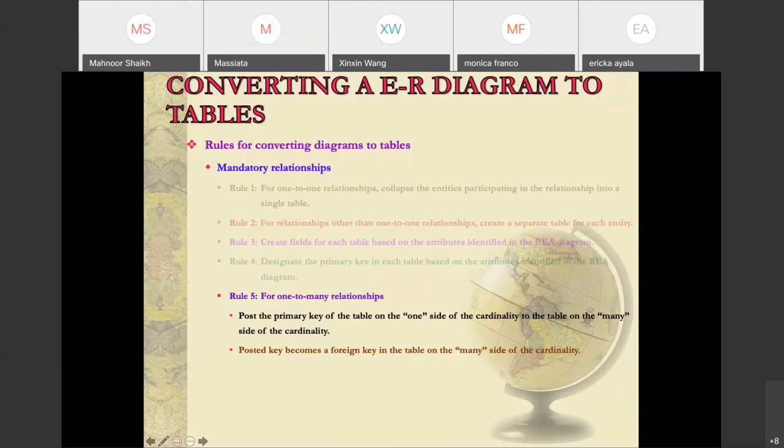So post the primary key of the table on the one side of the cardinalities to the table on the many side of the cardinalities. And then the posted key becomes a foreign key in the table on the many side of the cardinalities.